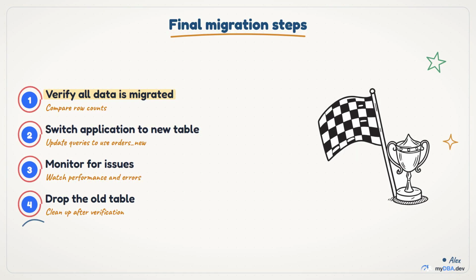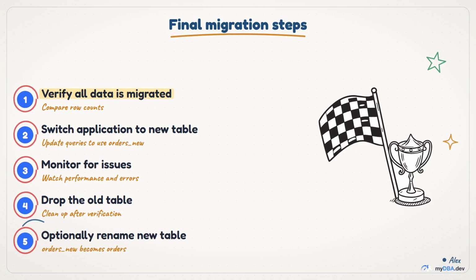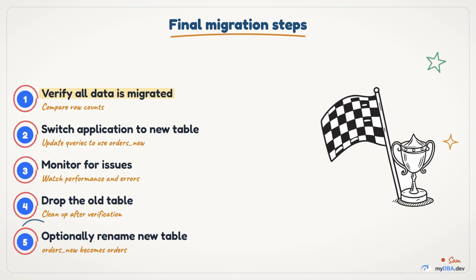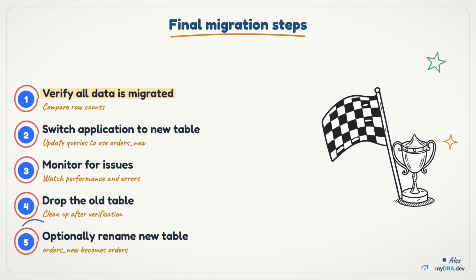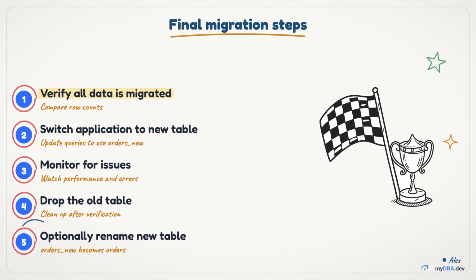Then you switch your application to query orders_new instead of orders. Monitor closely for any issues. How long should I wait before dropping the old table? Give it at least a few days of production traffic to make sure everything works correctly. Once you're confident, you can drop the old orders table. You might also rename orders_new to orders so the app code doesn't need to change permanently.